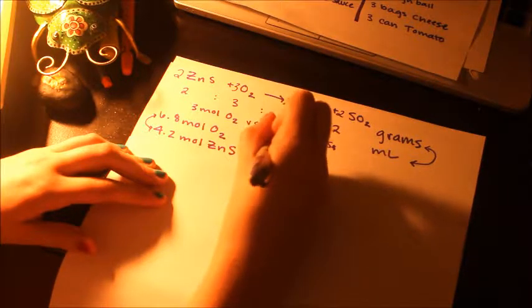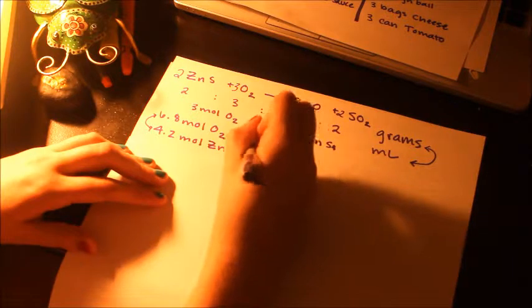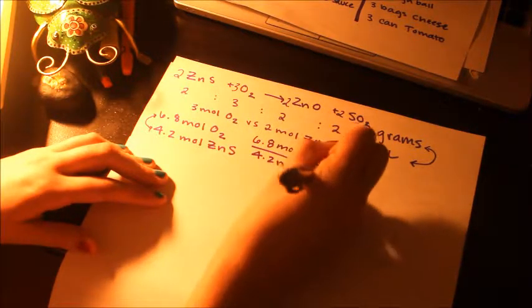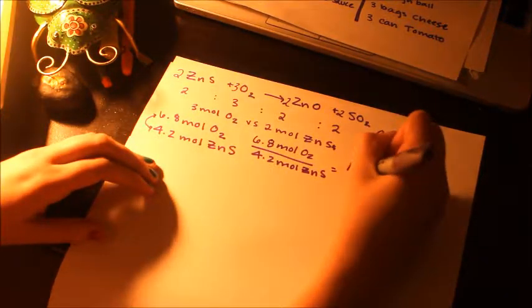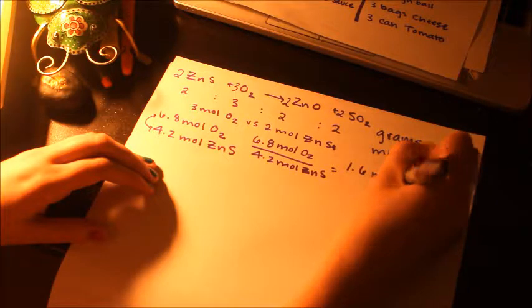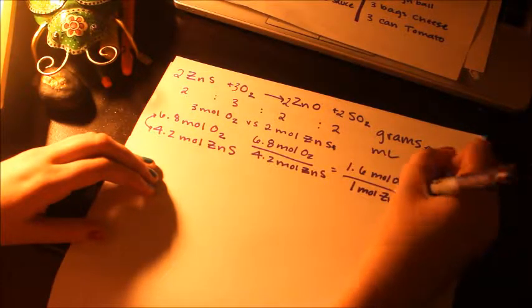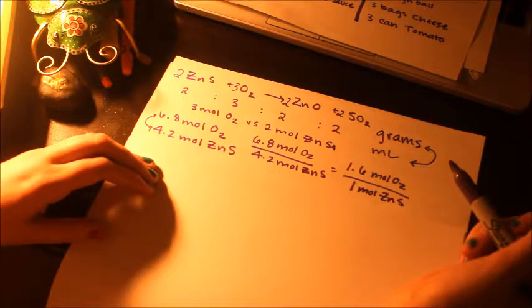Sometimes this helps for people if they need to look at something mathematically. We divide that through to equal 1.6 moles of O2 for every mole of ZnS, and that also shows us that there's an excess of O2, that ZnS is our limiting reactant there.